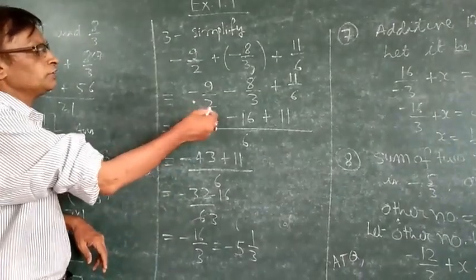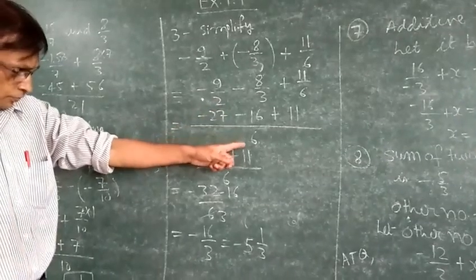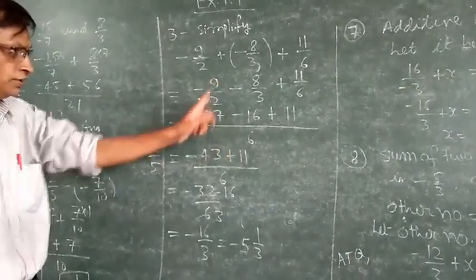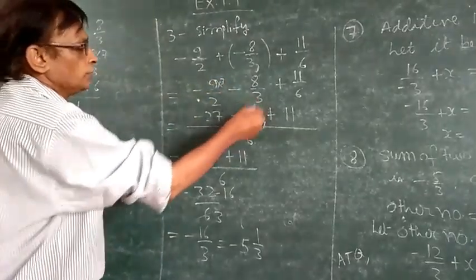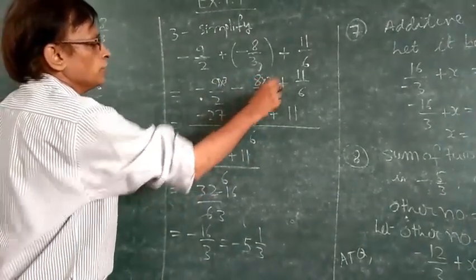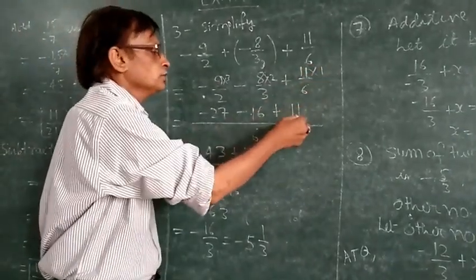Now, what is the LCM of 2, 3, 6? It is 6. Dividing 6 by 2 we have 3. 9 threes are 27. 3 twos are 6, 8 into 2 is minus 16. 6 ones are 6, 11 into 1 is 11.